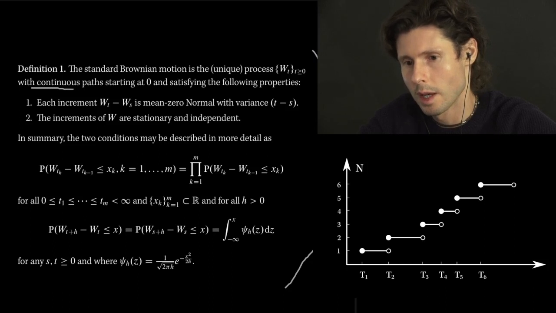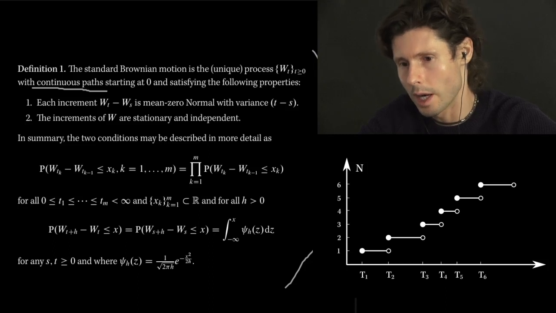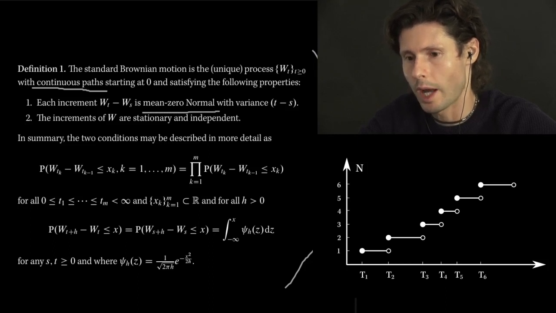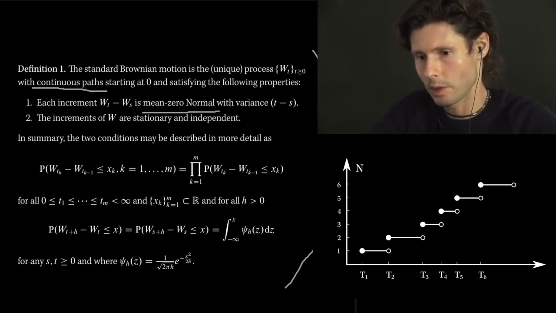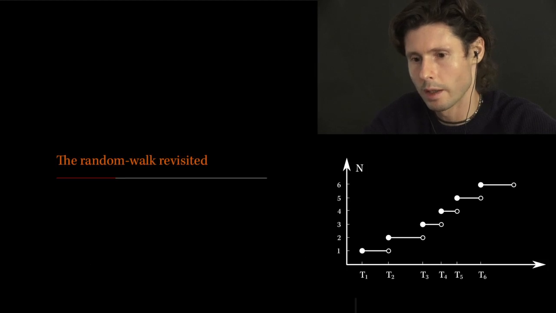One is instead of counting paths, you have continuous paths. And the only other difference that I see is that instead of Poisson distributed increments, you have normally distributed increments. But the rest is just remarkably similar. And so what we'll do in the next clip is try to see why this should be. And for that, we'll have to revisit the random walk.